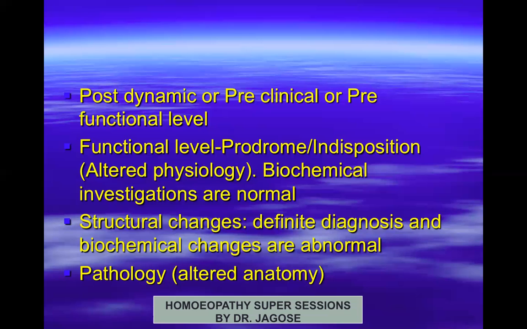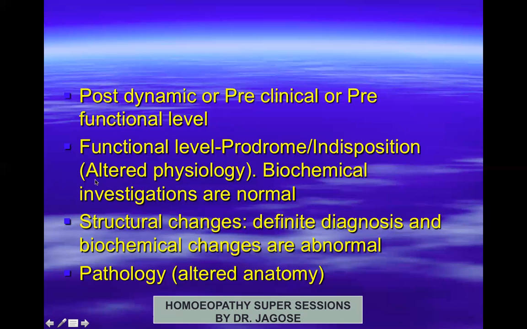To sum it up, the disease will travel from the pre-functional to the functional to the structural plane, and all these stages can be equated with the three miasms of psora, sycosis, and syphilis. The functional level can be associated with the psoric miasm.